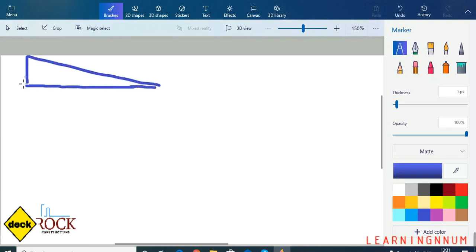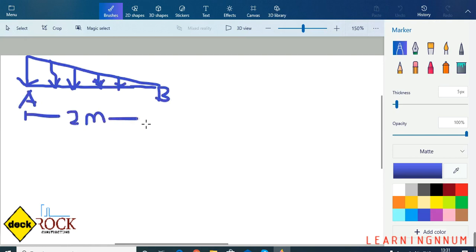Okay, so this type of loading is called uniformly varying load. Why is it varying? Because across the beam we have different magnitude of load. This is of 2 meters, and the unit for this is 2 kilonewtons per meter.